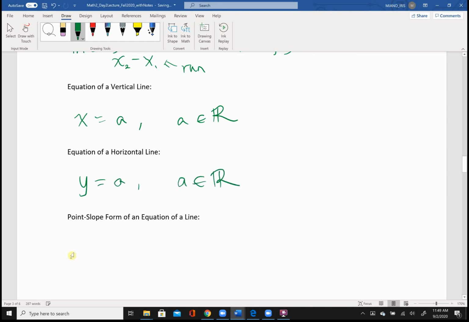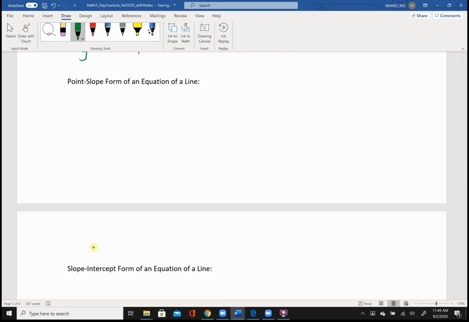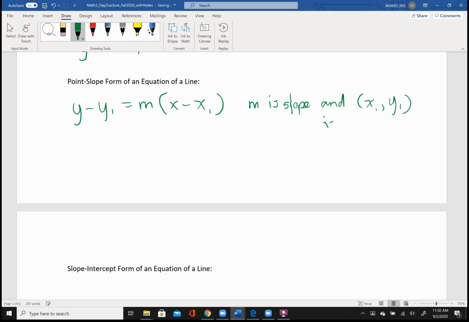Okay. Point slope form of the equation of the line is as follows. We have y minus y1 equals m times the quantity x minus x1, where m is your slope, and the point x1, y1 is a point on the line.